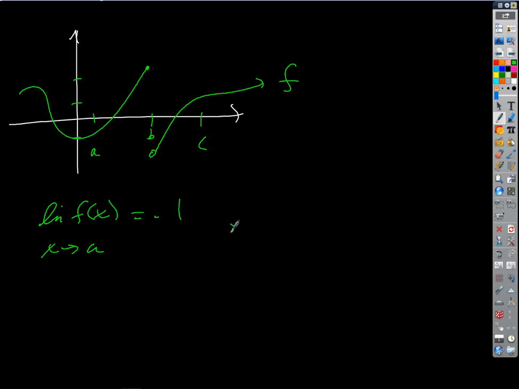If I do the limit of f of x as x approaches c, as the ants are walking towards x equals c from both directions, don't they anticipate stepping right there? Okay, well, what's the y value there? It looks like it's about +1. Fair enough? Questions? Does that make sense so far? Remember, the limit is where the ant thinks it's going to step, right? Okay. What about this one, though?